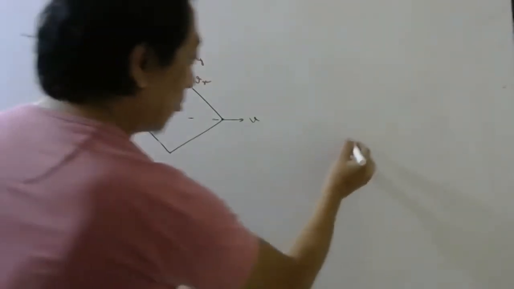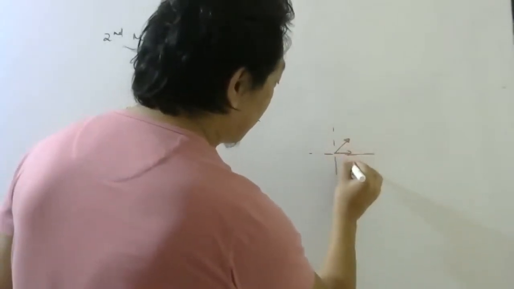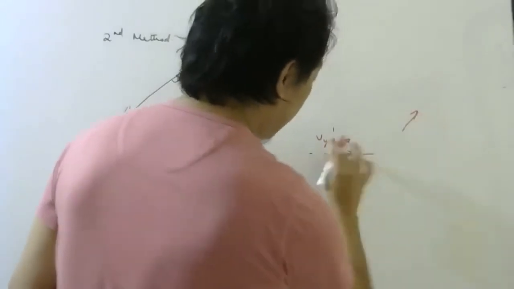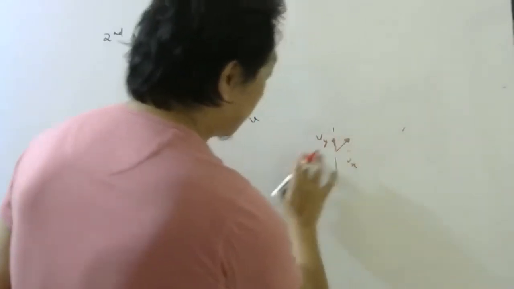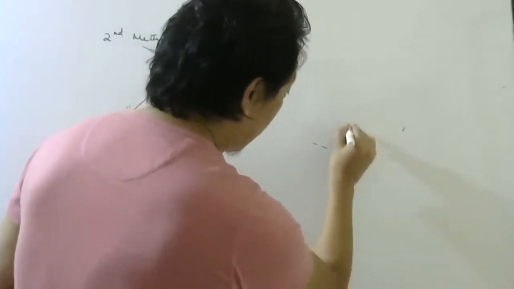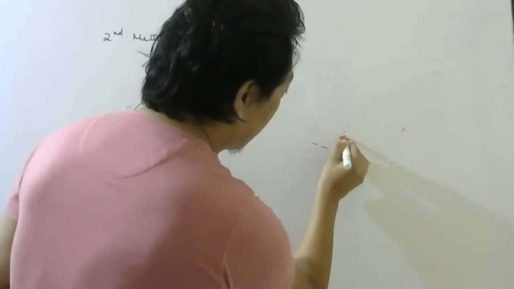Yes, sir. You can take vector components in any two perpendicular directions, Vx, Vy. For the same vector, you can take x-axis here, y-axis here. So this will be the x component, this will be the y component.